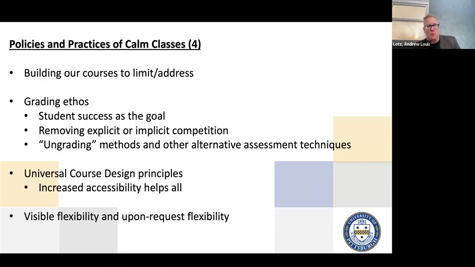I've actually been working with Mariah Curdy, who's in the Writing Center in English. Mariah Curdy and I have been talking about an alternative assessments working group, which we're going to be inviting people to soon enough, which can help people with building this into your classes and working on your grading ethos, because that can really help students.